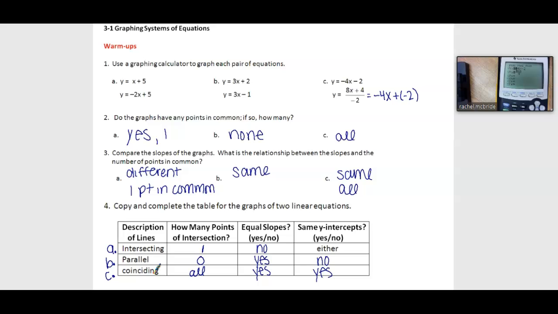So intersecting lines can have the same y-intercept, but they could also have different y-intercepts. Parallel lines are the only lines that cannot have the same y-intercept. And coinciding lines, much the same, must have the same y-intercept.